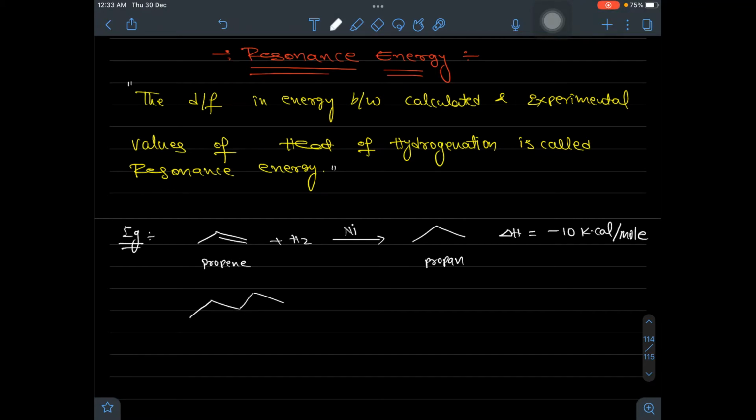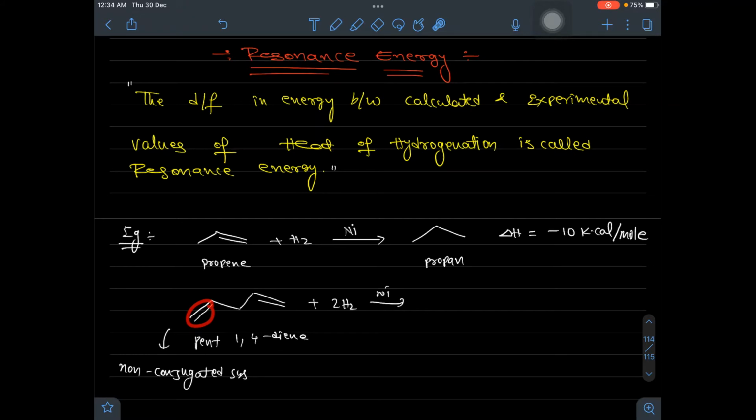If I take penta-1,4-diene and hydrogenate it in the presence of nickel, here two multiple bonds are present, which is a non-conjugated system because the multiple bonds are not at alternate positions.